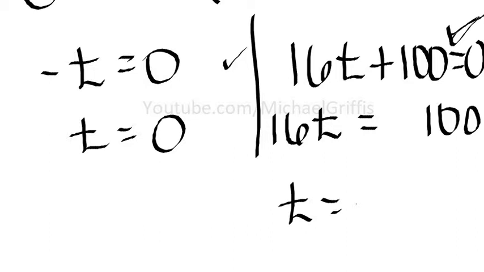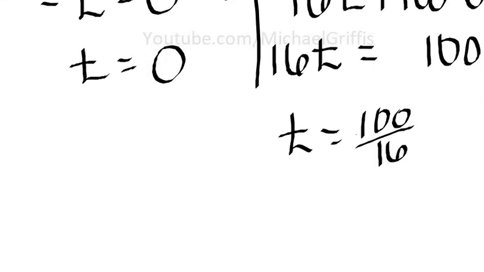Then multiply both sides by 1/16, so we have 100/16, which reduces down to, but what I'm going to do is write this in decimal form, and we might even approximate it, I'm not sure. So what's 100/16? Write that as a decimal.